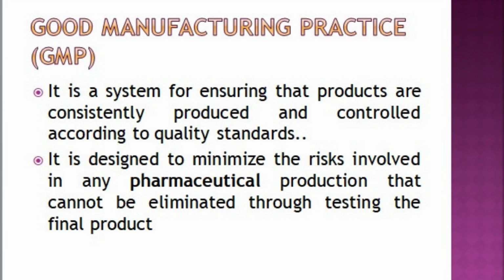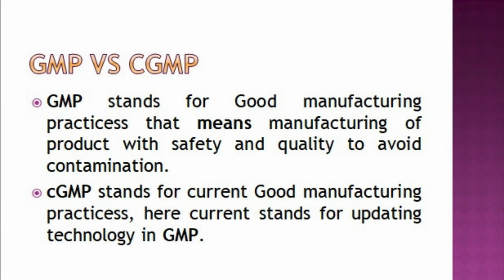We already understood that GMP stands for Good Manufacturing Practices, which focuses on ensuring that products are manufactured with high standards of safety and quality to prevent contamination and errors. On the other hand, CGMP stands for Current Good Manufacturing Practices.